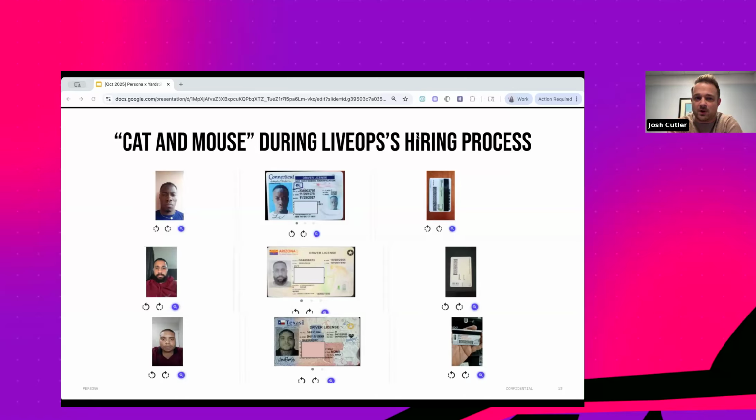I have no idea why. I don't know why that was in the Gen AI training set, but no one was 1 foot. It was great. Persona flagged it for us. I actually had to stare at it for like 5 minutes to figure out what the heck was wrong with it.